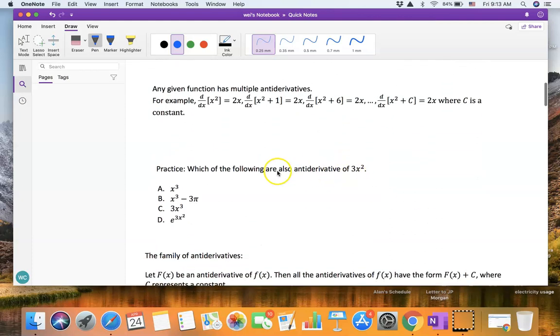Okay, so now I would like you to think about this problem. Which of the following are also antiderivatives of the function 3x squared?